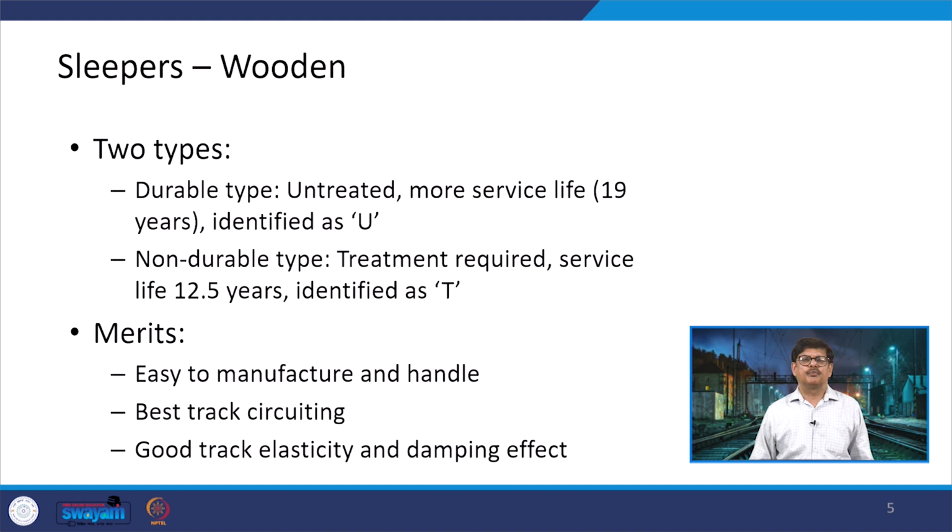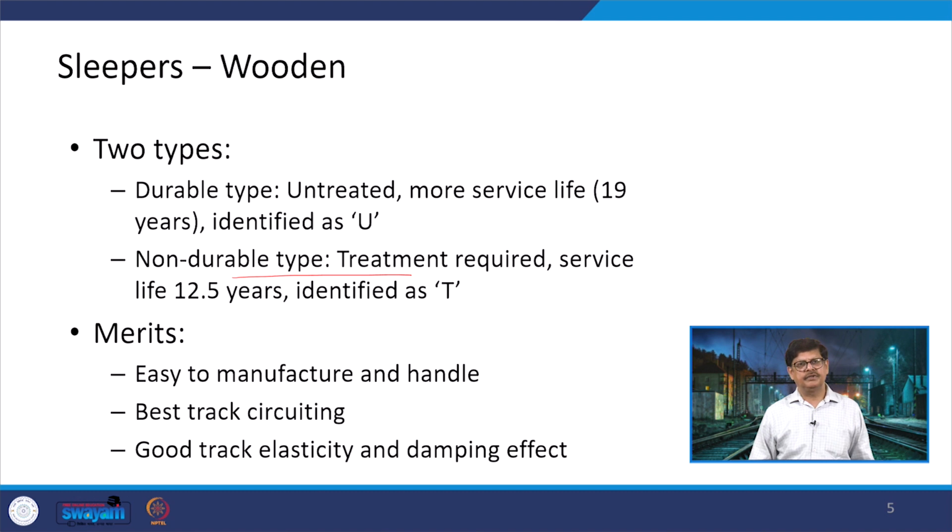Now let us start with wooden sleepers. There are two types, depending on whether the sleepers have been treated or not. If the wooden sleepers require treatment, they are usually the non-durable type.